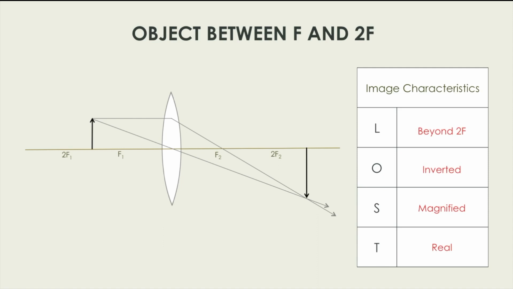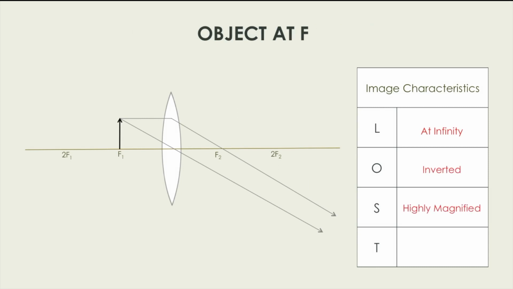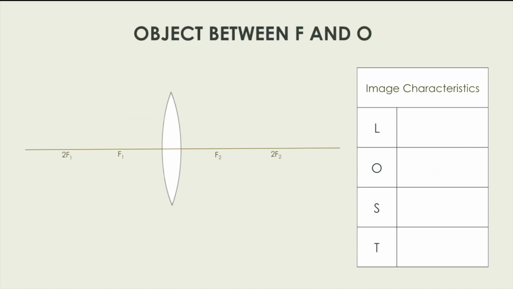When we keep the object at F, the rays of light are so parallel that the image is at infinity, inverted, highly magnified, and real. We bring the object still closer such that it is between F and O. So now you can see that these rays are not going to meet, they diverge.